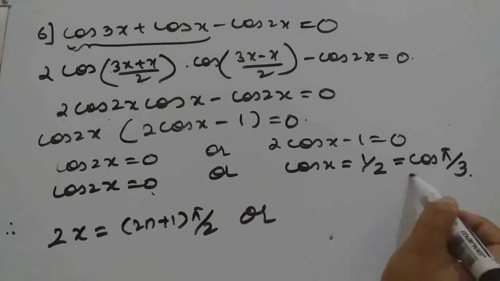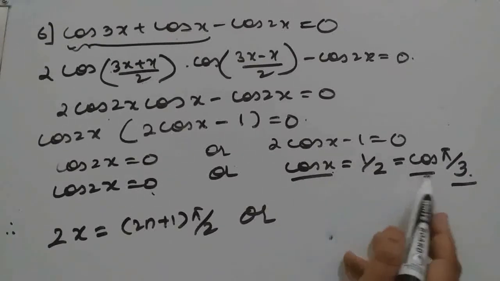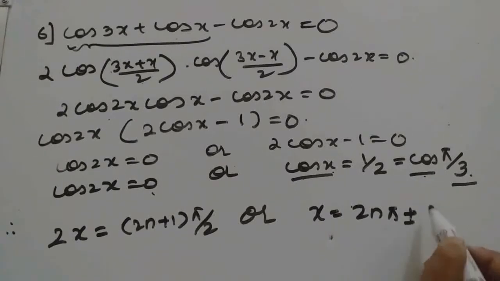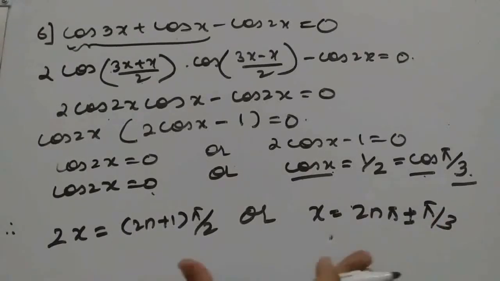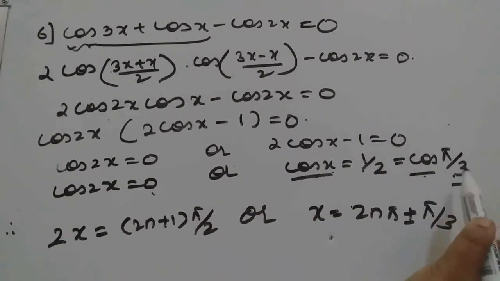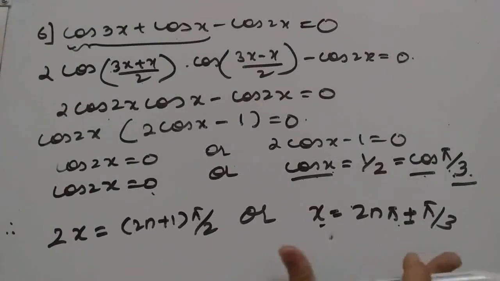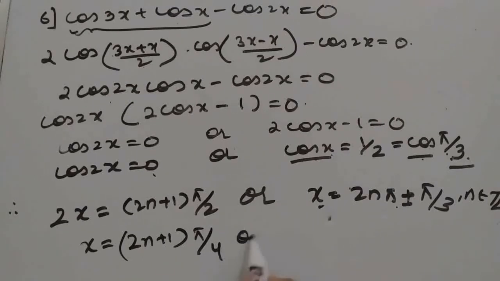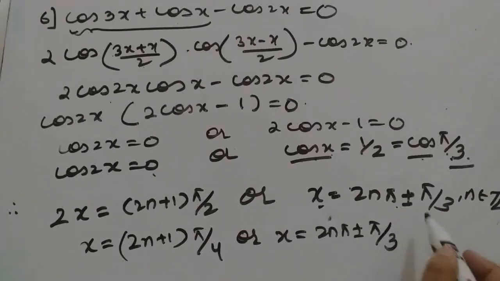Or here, that rule cos x is equal to cos y, so x will be equal to 2n pi plus minus y, where y is pi by 3. See, directly I am writing, I am not mentioning any rule, directly cos x equal to cos y rule, so y is pi by 3, so this general rule we can apply where n belongs to Z. So at last this x we can write here as (2n plus 1) pi by 4, or x equals 2n pi plus minus pi by 3, where n belongs to Z.